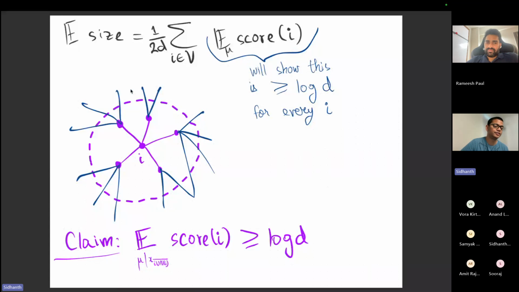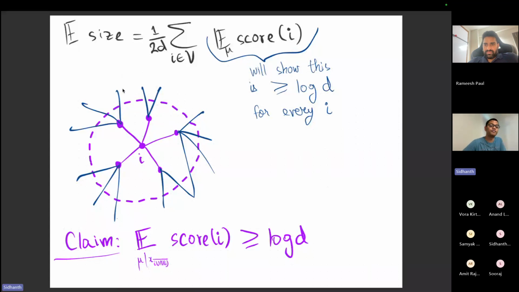Okay, but in fact, the proof is going to show something even stronger. It's going to show the following. Say you have a vertex i that has a bunch of neighbors. Now I look at the graph outside of this purple dashed ball, so the vertices in the graph excluding i and its neighbors.